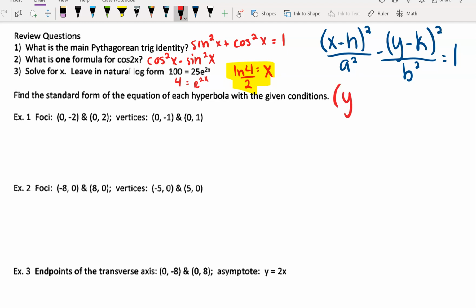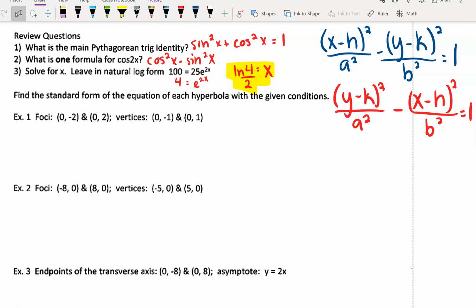Y minus k first over a squared minus x minus h squared over b squared equals 1. Or it's also possible to have one that's centered around the origin, and then you don't have to worry about h or k, which a lot of these are going to be centered around the origin, which will make them easier to work with.